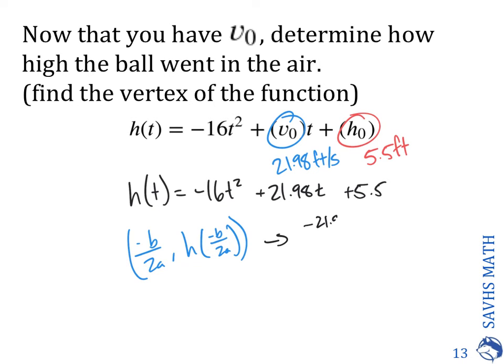So here goes. Negative 21.98 over 2 times negative 16. And that is 0.686875. Then I'm going to take that and put it back in for t here and here. Rewrite.